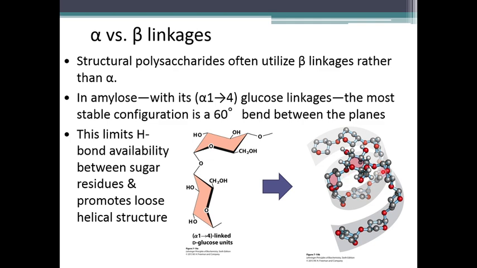So the bottom line is, like peptides, sugars also have secondary structures. In the case of amylose, or polysaccharides with alpha linkages, they are bound to form a loose alpha helical structure because they have limited hydrogen bonding availability between sugar residues.